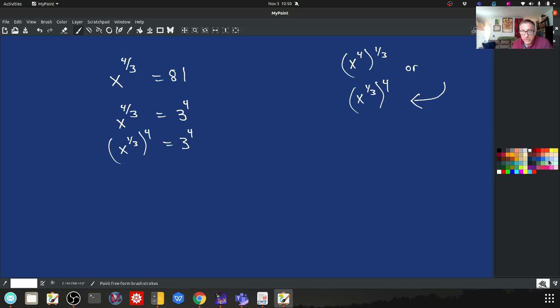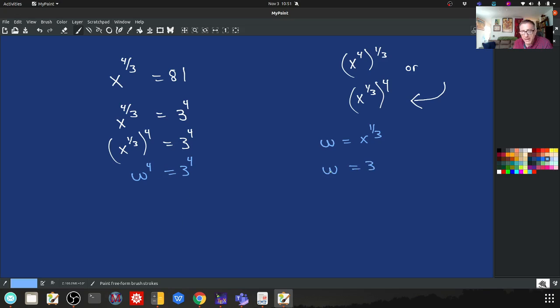Now let's do something else. Let's let w equal x to the 1/3. So we're going to rewrite this as w to the 4th is equal to 3 to the 4th.